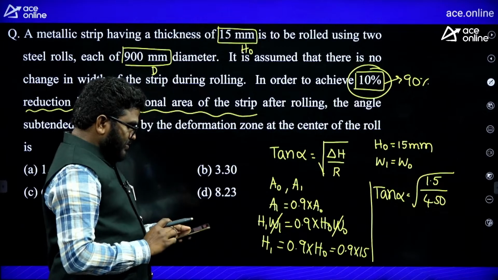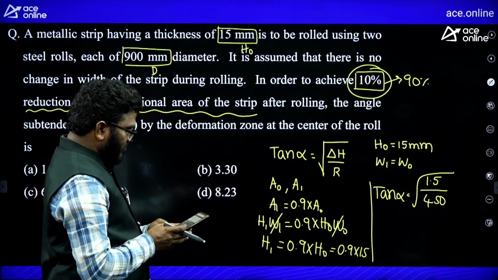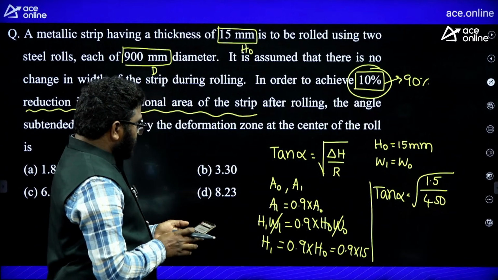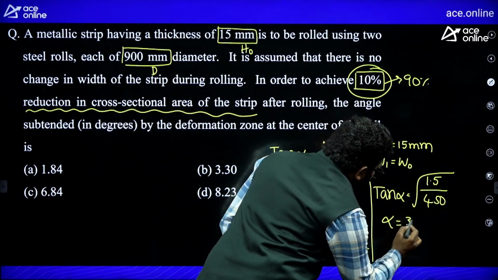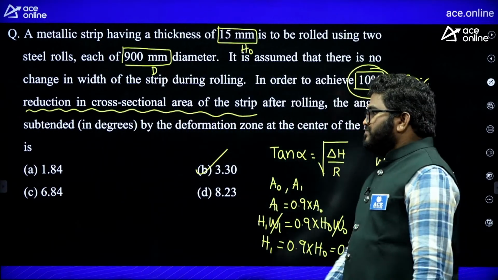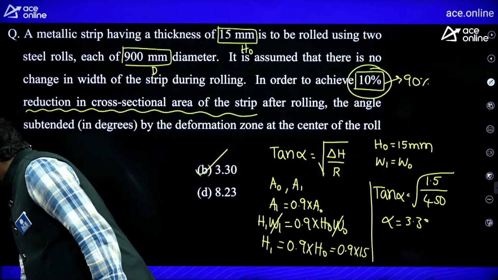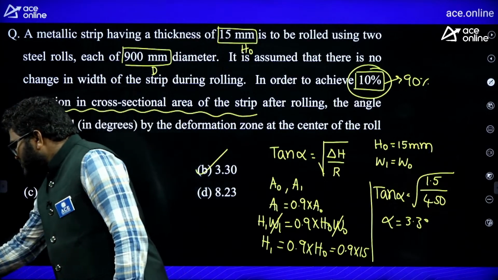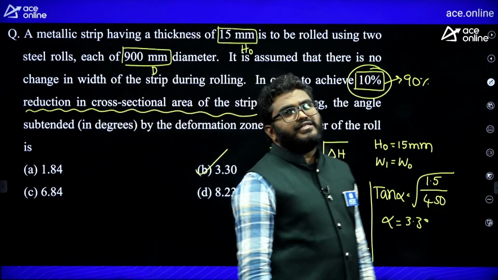What is the answer for this question? 1.5 divided by 450, tan inverse, 3.3. So B is the correct answer. Alpha equal to 3.3 degrees. B is the correct answer for this question. It's a very simple question. Sai, tell me, is there any doubt? Right. Next, another question.